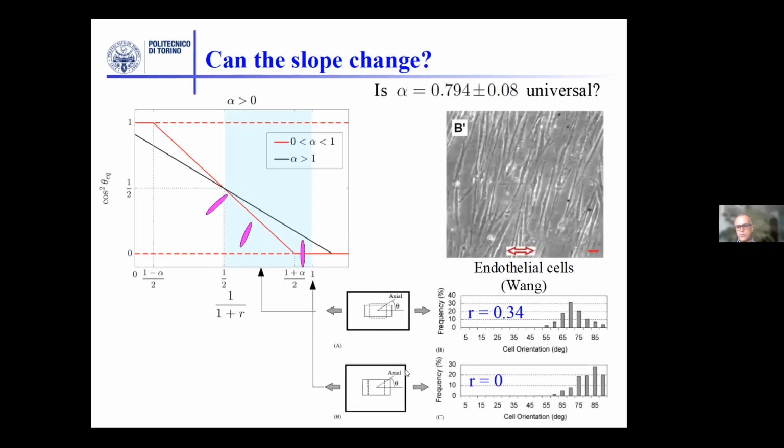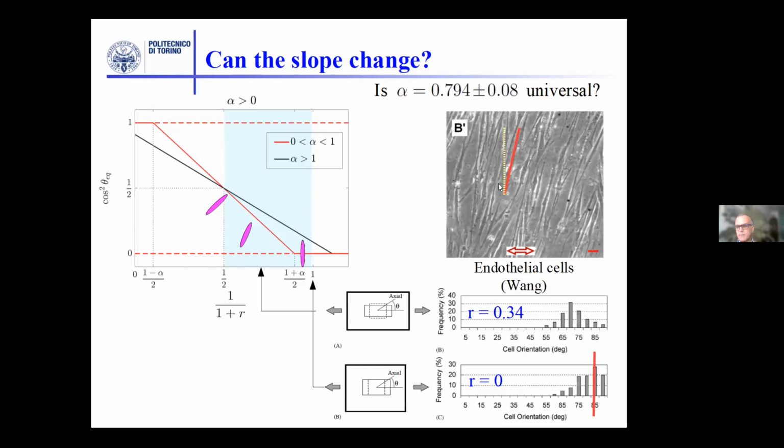In the clamped configuration, this is what you get. This is the picture that I showed before. And you have that the maximum is more or less 90 degrees. But if you look closely, it's not really 90 degrees. It's something less, in some sense. It's 85 degrees.